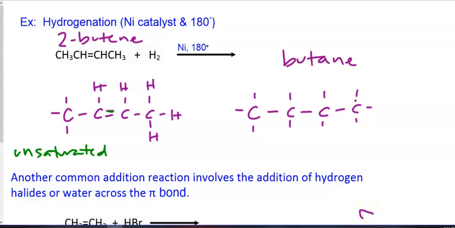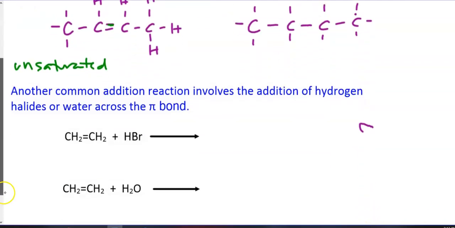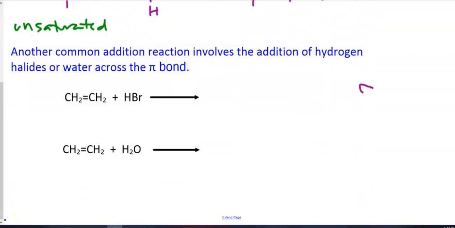That's hydrogenation. Other things you can add besides just halogens or just hydrogens: you can have a combination of a halogen and a hydrogen, or you can have water that can break up that double bond.